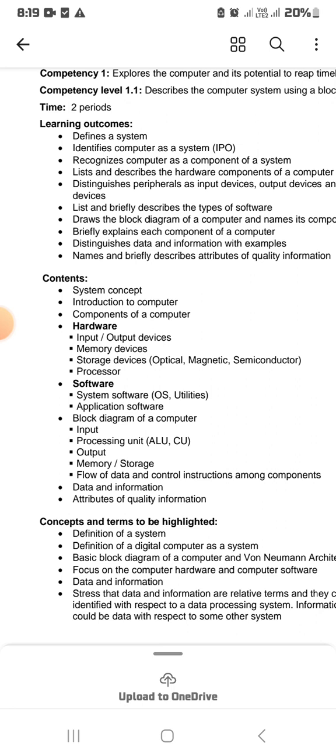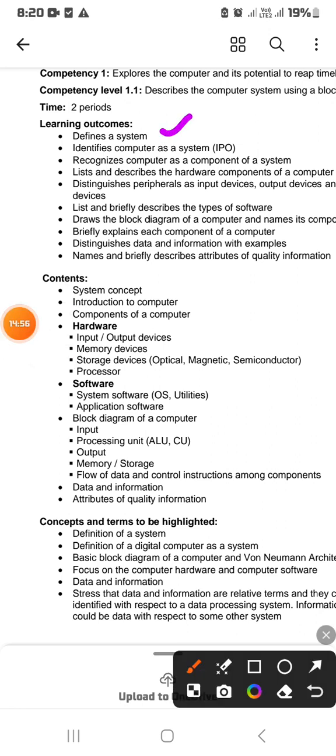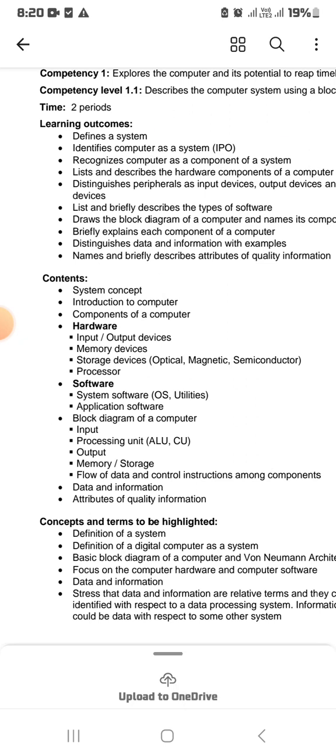Now we are going to study the components of a computer. Defines a system, identifies computer as a system concept, introduction to computer. Those are done.